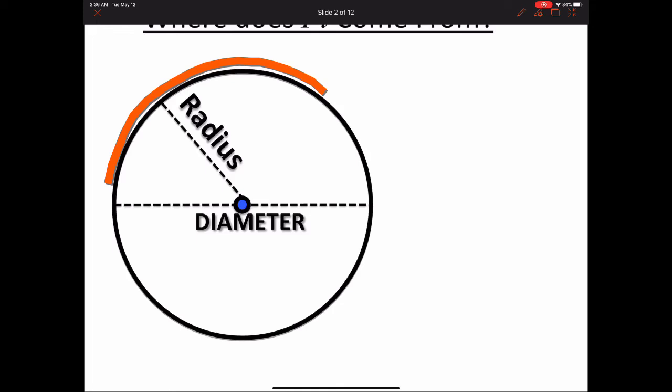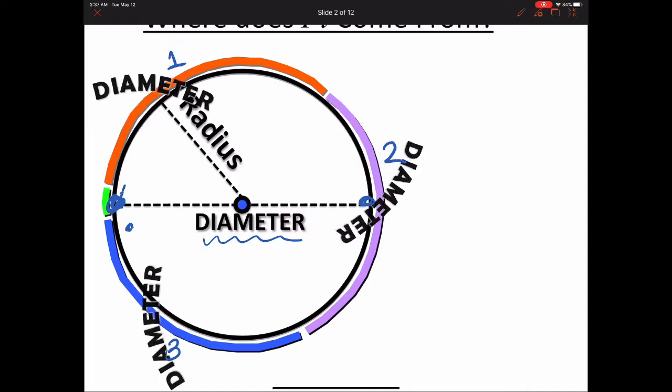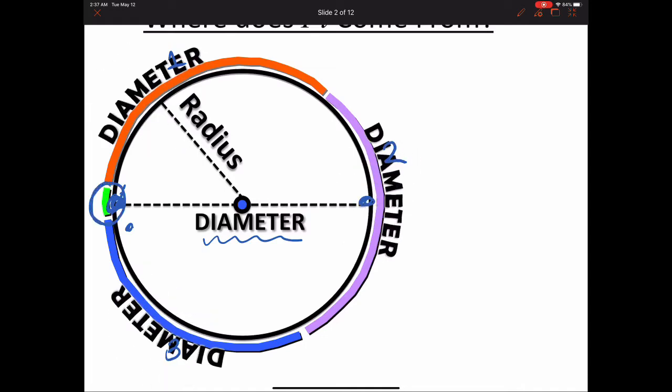If he took the diameter, and let's say he cut pieces of rope, because rope can wrap around round things, unlike a stick or a piece of wood, he noticed that ropes the same length as the diameter can wrap around a circle 1, 2, 3 times, and then there's a little part right here that's left over.